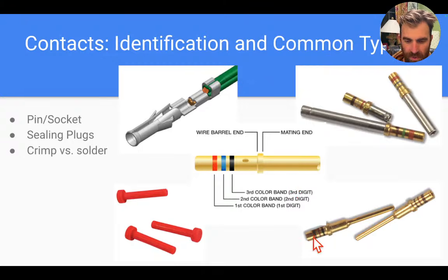You can see over here these pins have 3 different colors on them, and these sockets have three different colors on them. So different color combinations denote the part number and what the tooling is that you're going to be using.